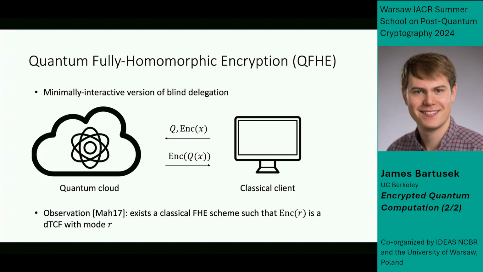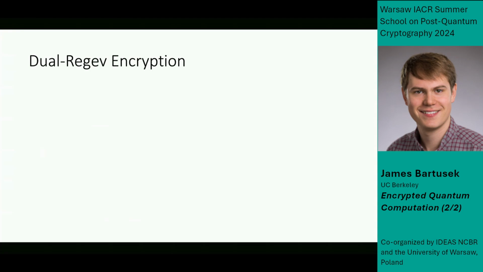The central observation, which I will try to convey in more detail soon, is that there exists a classical FHE scheme where ciphertexts, so encryptions of a bit R under this particular classical FHE scheme, are already a dual mode TCF with mode R. So I can view this encryption of R either as an FHE ciphertext or as a dual mode TCF function in mode R, okay? So let's see how this works and why it's useful.